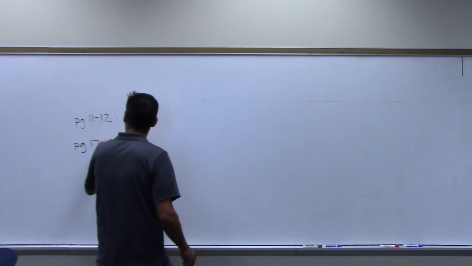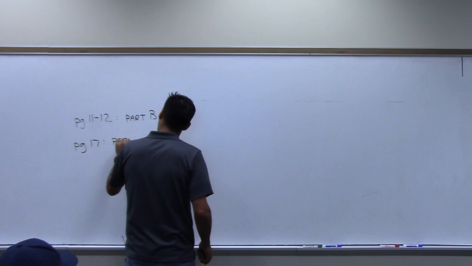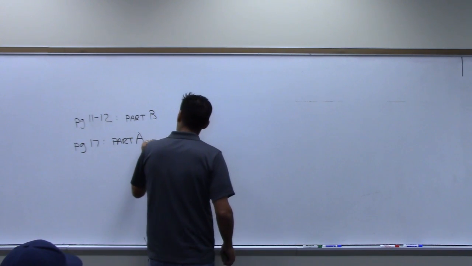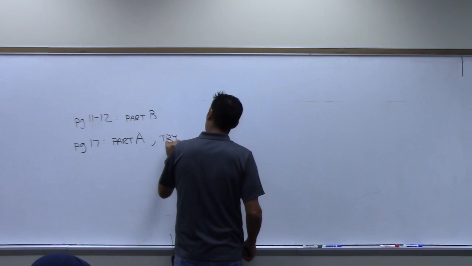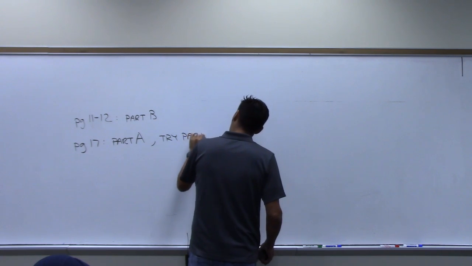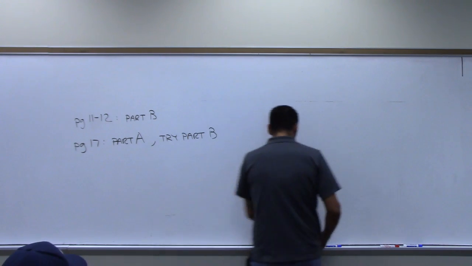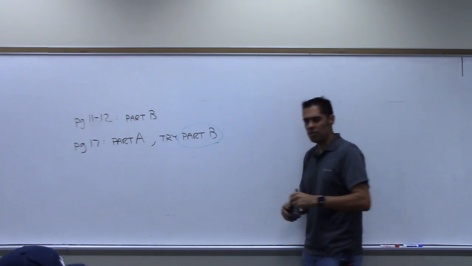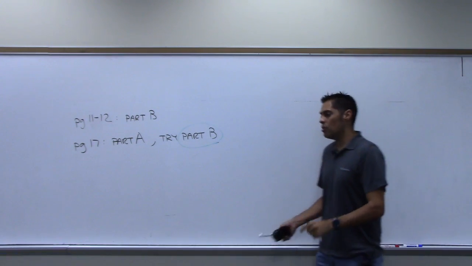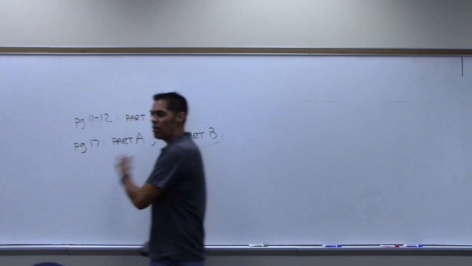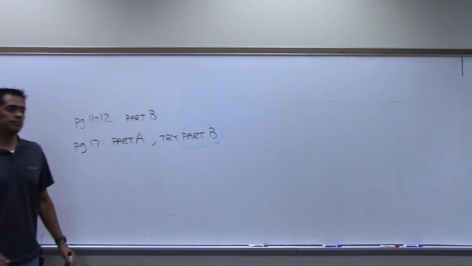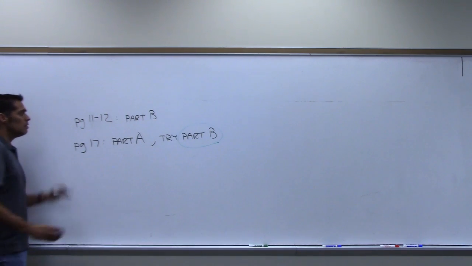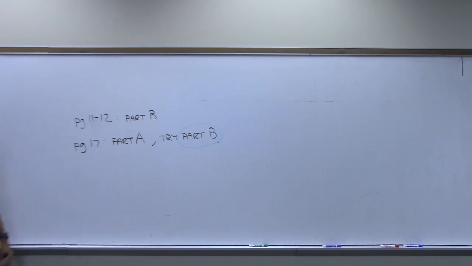I'll say part A, and then you can try part B. But that's actually where we're going to come in next time. We're going to pick up. These are some word problems and some applications with geometry in them. I haven't shown you any of that, so you can try it on your own if you'd like. Everyone clear on what you're supposed to do for tonight?